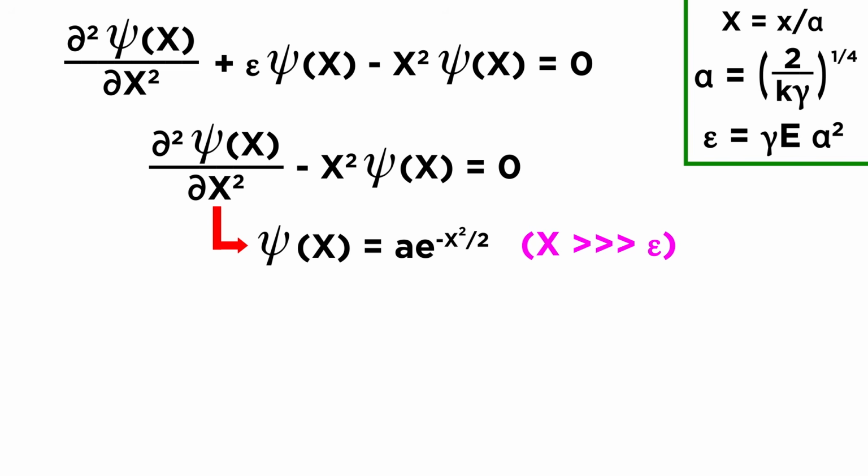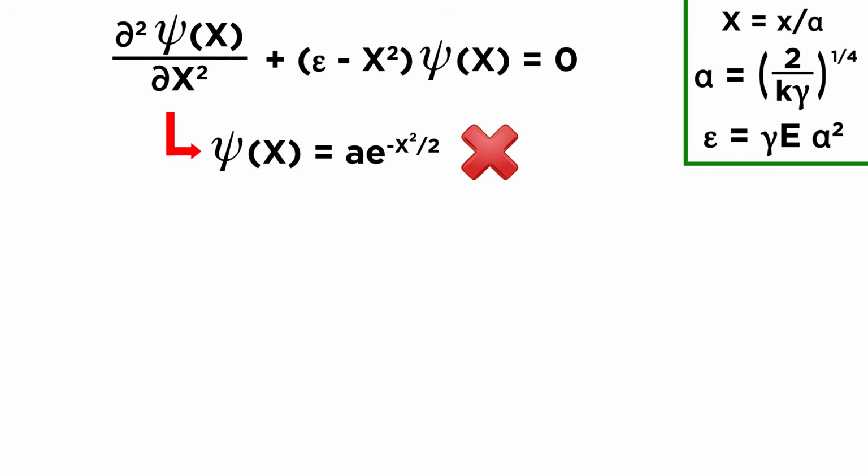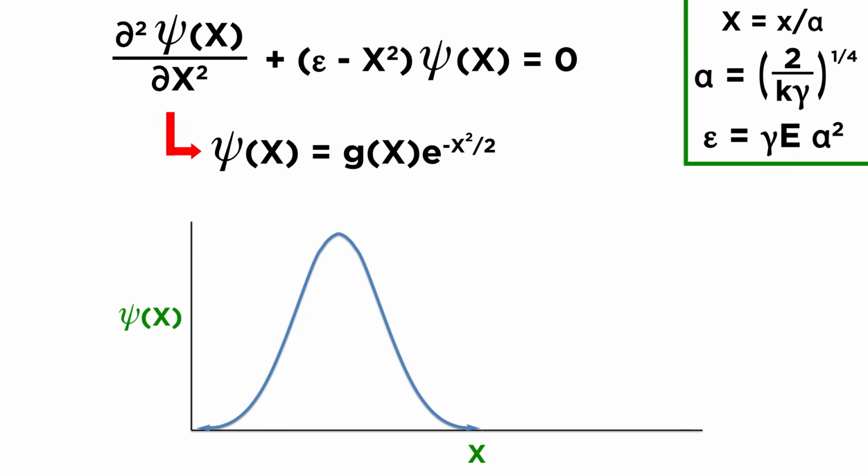What else is possible? Well, let's try a trick. Let's assume that the solution is not the one we just found, with a as a constant, but a more complicated function, where a is not a constant, but an x-dependent function, g of x. So we are assuming a solution of the following form. The reason we are doing this is that when we initially solve the differential equation, we are finding the shape of the solution at a certain limit.